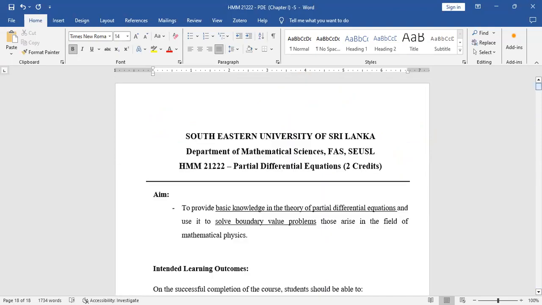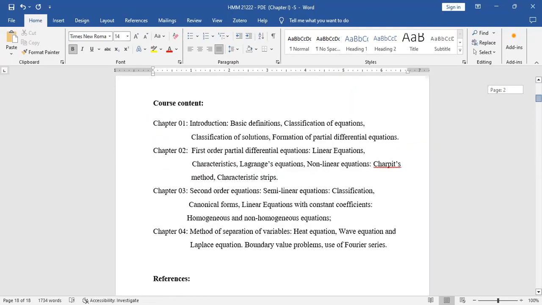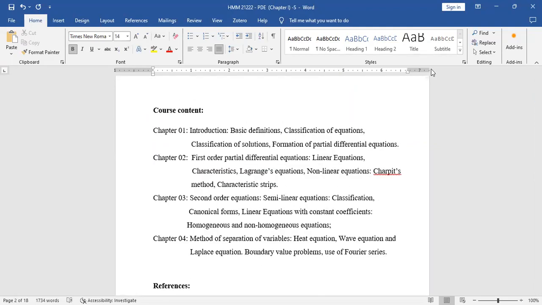First of all, I have divided your chapters in this way. I have ended here. You can see my chapter 1 has the introduction part, basic definitions, classification of solution, formation of partial differential equation, all these things.